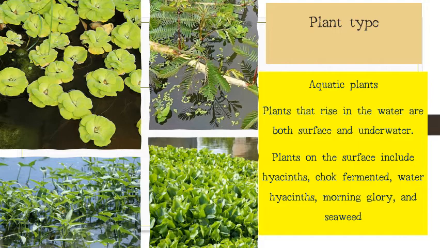Plants that grow in the water, both on the surface and under the water, are called aquatic plants. Plants on the surface are water hyacinth, morning glory, and seaweeds.